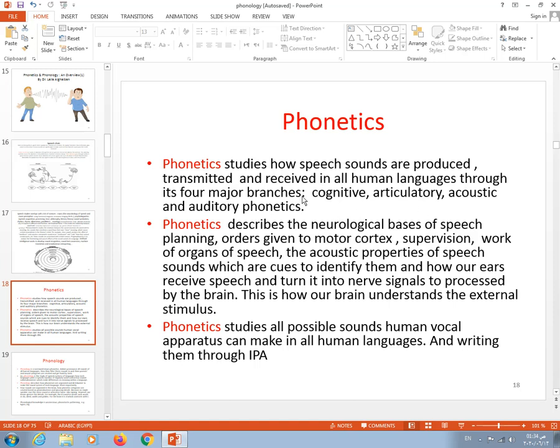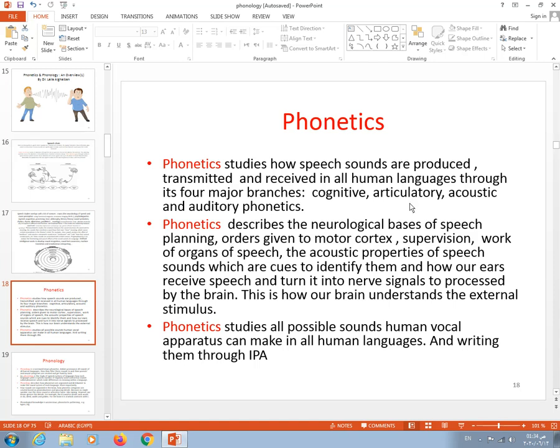And this is why we have a number of branches in phonetics. We have cognitive phonetics, which deals with what's going on in our brains, and how sounds are created, and how speech signals are created and processed, and so on.